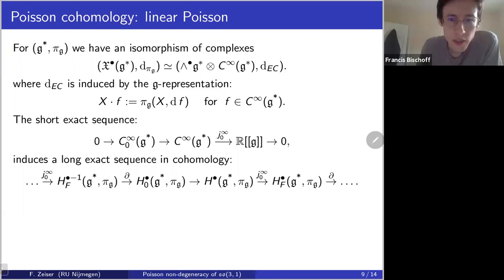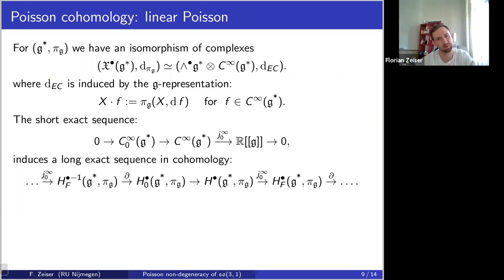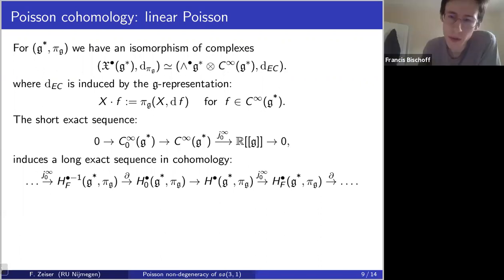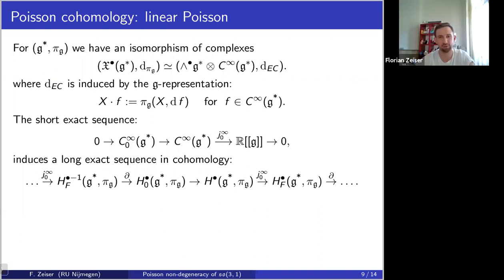Can I ask a question? Yes, of course. Why is this J0 infinity surjective? Because I would think that there would be power series that don't converge. No, that's by the Borel lemma.